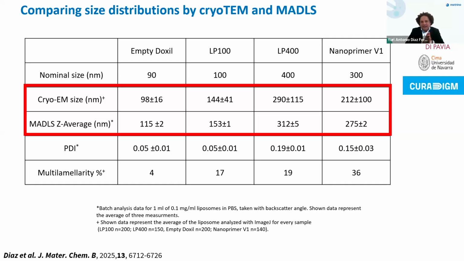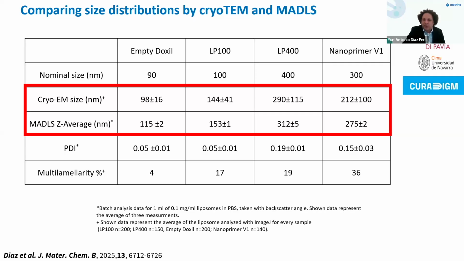And we know that intensity-based averages shift the values towards higher values, because larger particles have higher intensity than smaller ones. So with an intensity-based average, you will have higher values than with cryo-EM, which is number based.